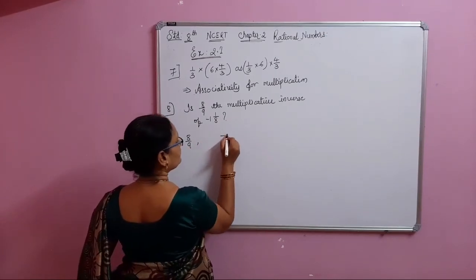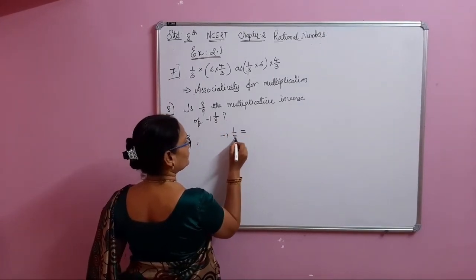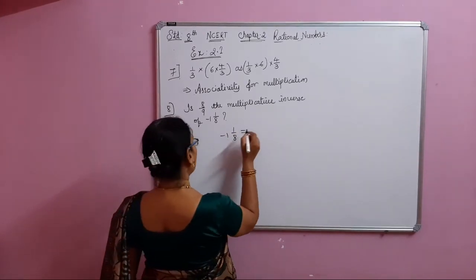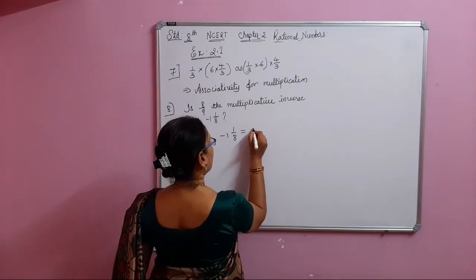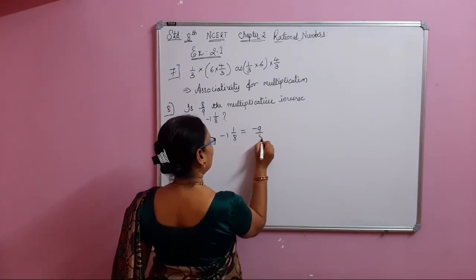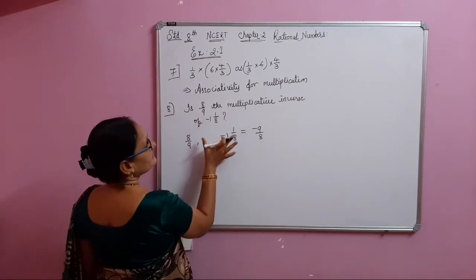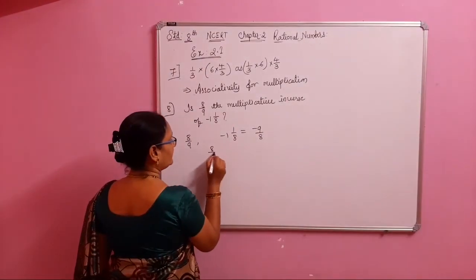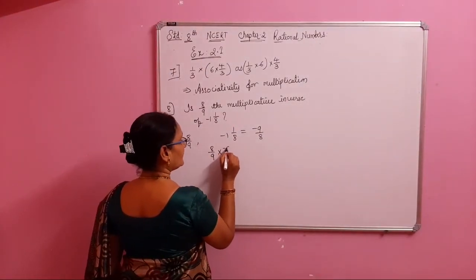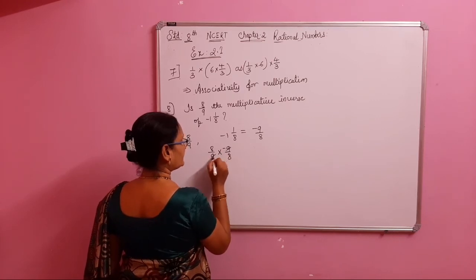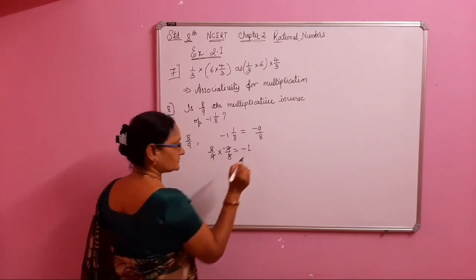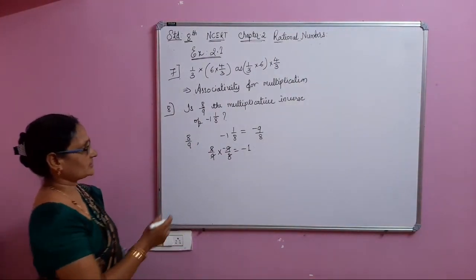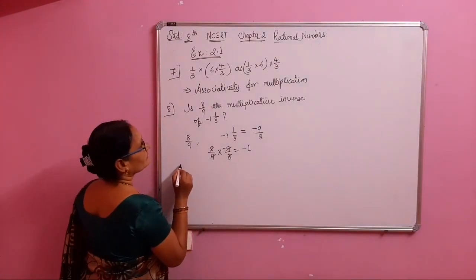Minus 1 integer 1 by 8 is equal to 8 ones are 8, 8 plus 1, 9, minus 9 by 8. If it is the multiplicative inverse, the multiplication of these two must be 1. We will see. 8 by 9 into minus 9 by 8. Cancel, okay, but we will get minus 1. So what do we have to write? No, because the product is not 1.